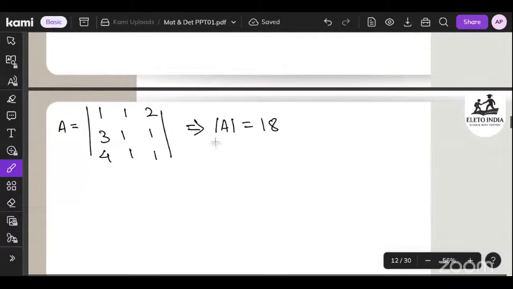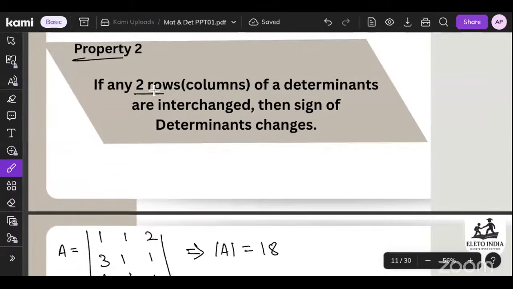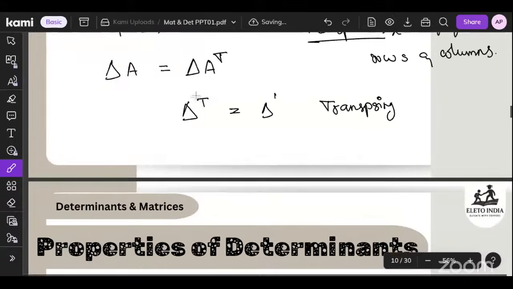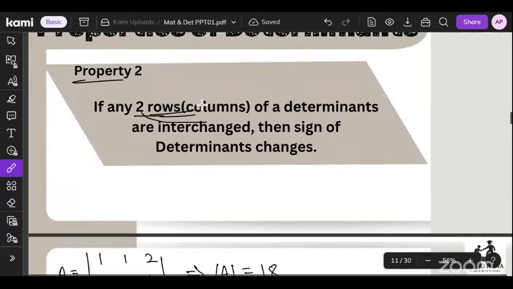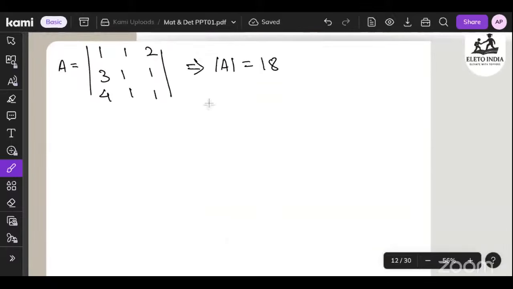And what they have told here is that any two rows or columns can be interchanged. In the first case we changed all three rows and columns, but in this case we are just changing two.